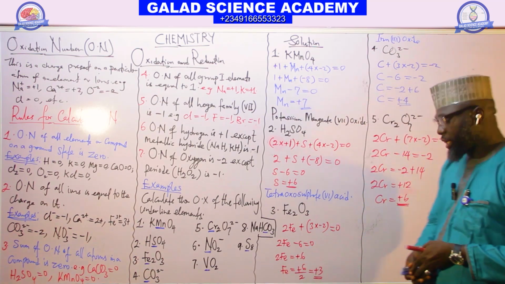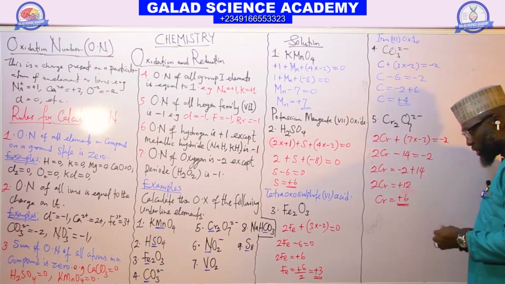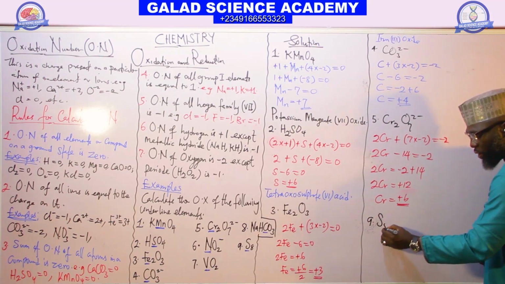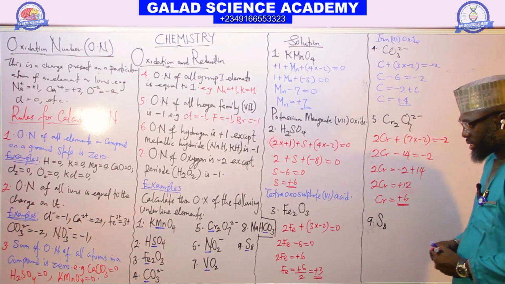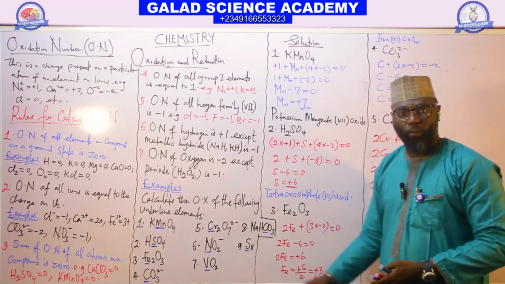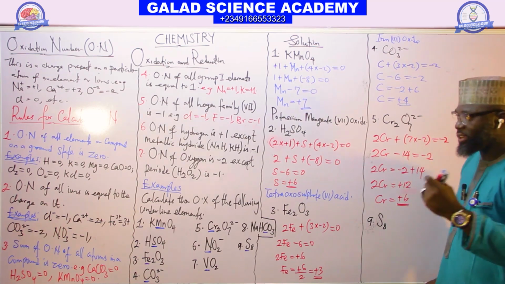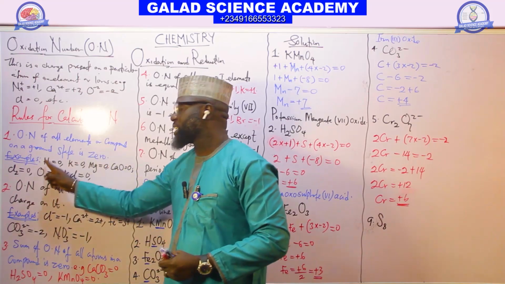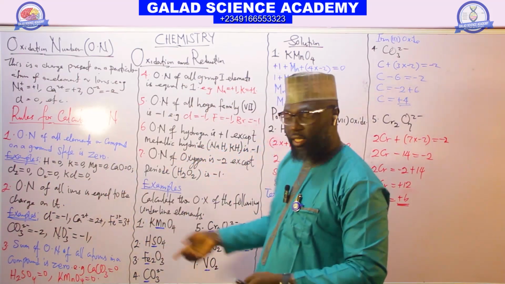Let me solve the next one, the last one, which is number 9. Number 9 gives us S8. You are now asked to find the oxidation number for sulfur. From the rules, we say that the oxidation number of any element in the ground state is equal to 0.